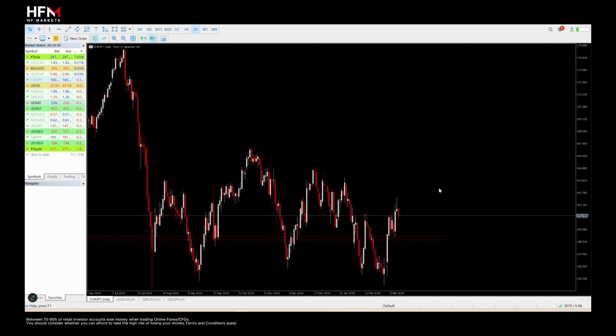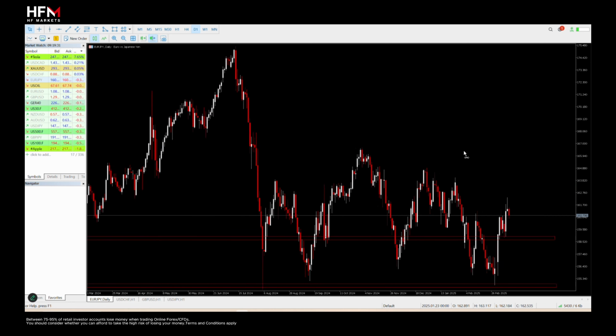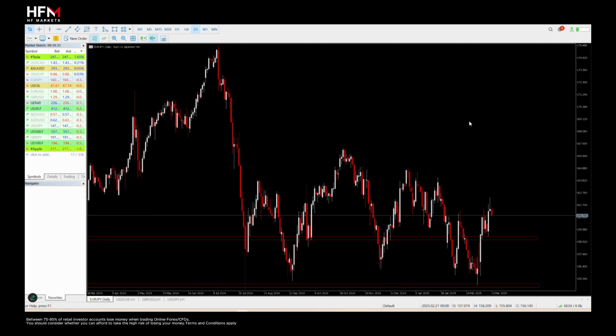Okay, so on Euro JPY, which it has been quite a while since we looked at it, we see from the daily time frame, price has been creating higher highs and lower highs to suggest a strengthening Japanese yen as compared to the euro. And this has been quite the scenario. We have been quite bullish on the JPY due to recent data that has been printed.